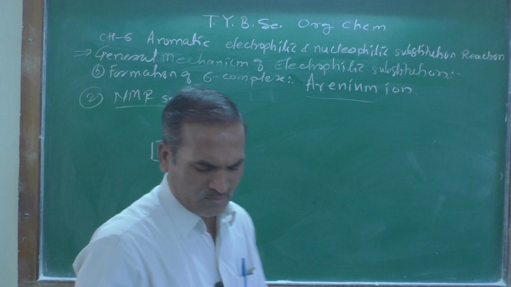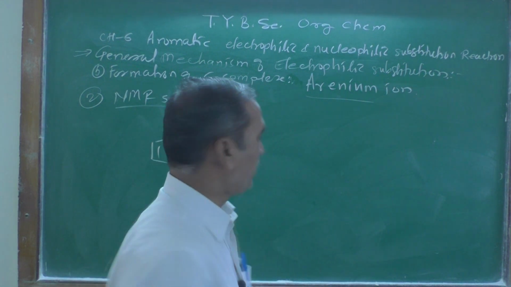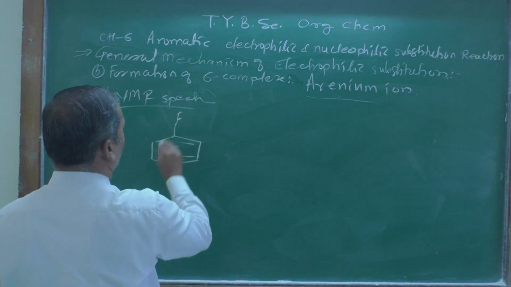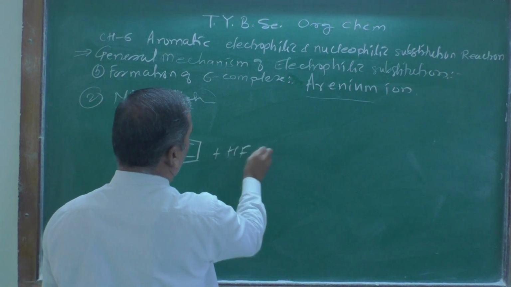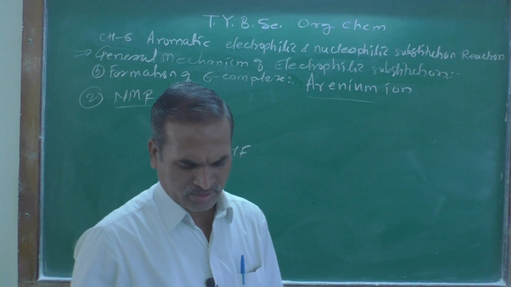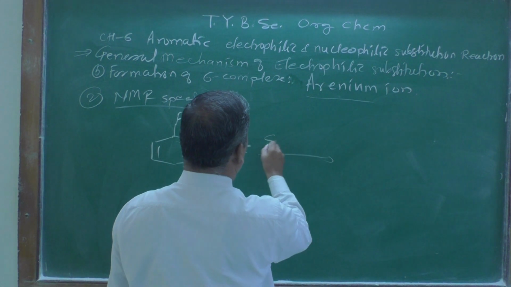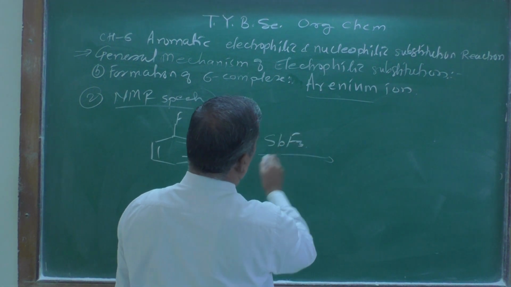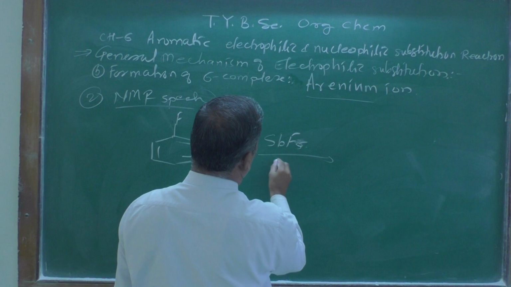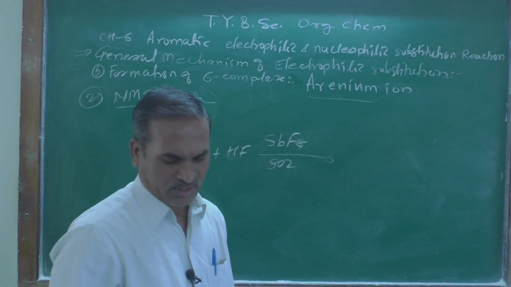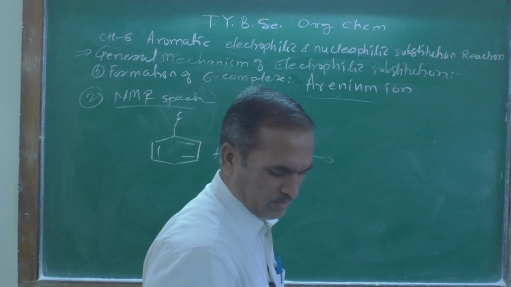Here fluorobenzene is treated with hydrogen fluoride in presence of antimony SbF5, in presence of sulfur dioxide. What does it give?